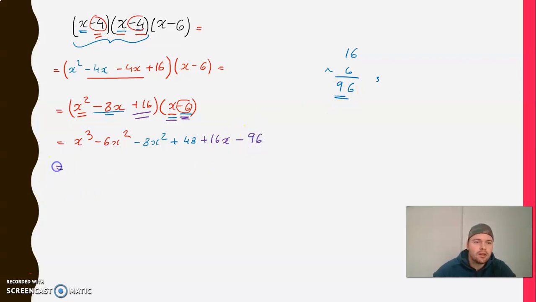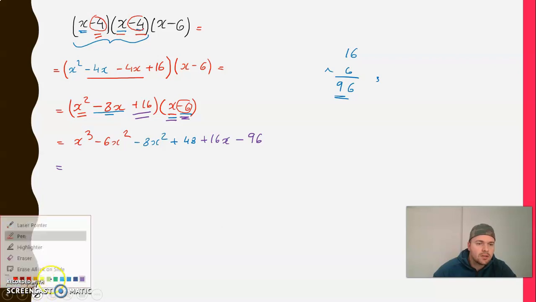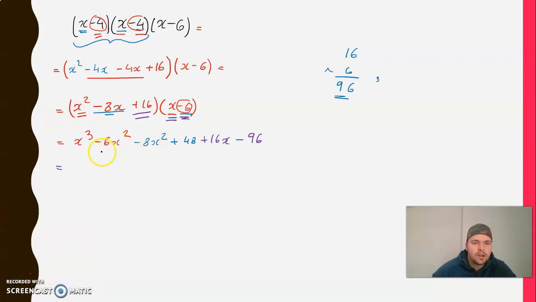Now again let's find those like terms: minus 6x squared minus 8x squared, and then 48x plus 16x. So x cubed minus 8 minus 6, you have to add the numbers, minus 14x squared, and then plus 64x.